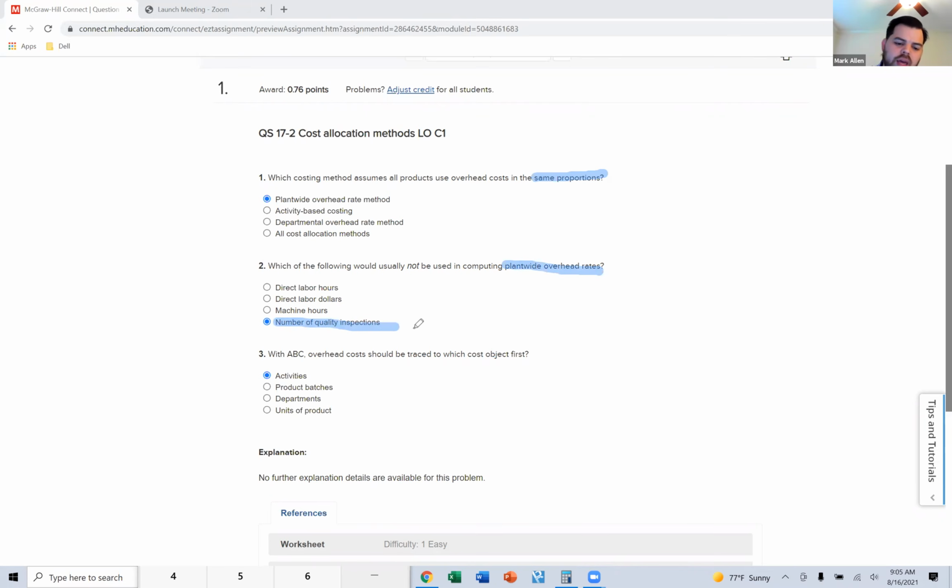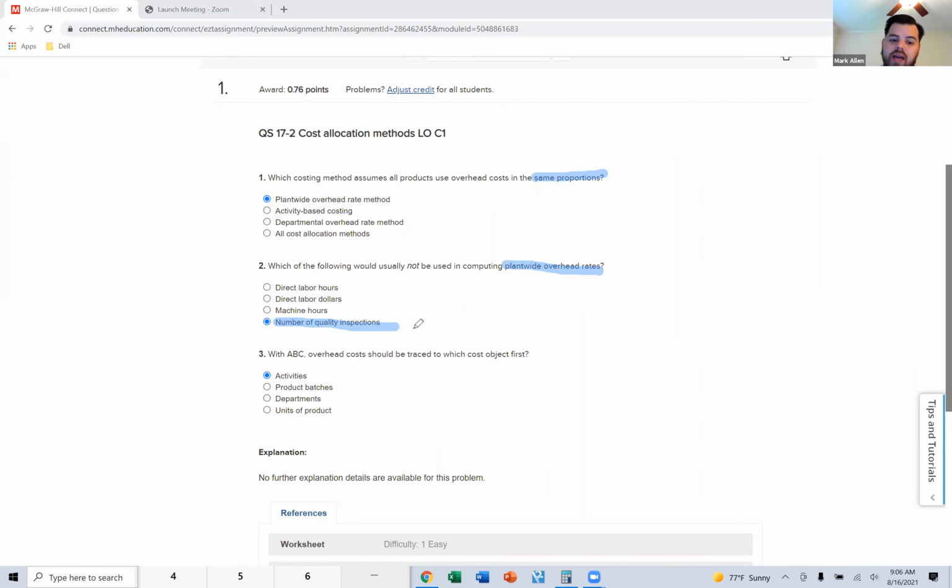And then finally, with activity-based costing, overhead costs are traced to which cost object first. Now, this question surprises me every semester if I put this on the exam. I have a surprising number of people miss this question each semester, and I think it's just because we forget what ABC stands for, right? We get so used to just referring to this as ABC, we forget that that A actually stands for activities.